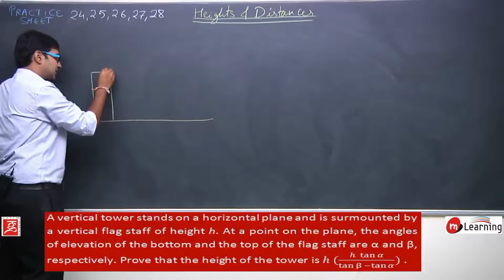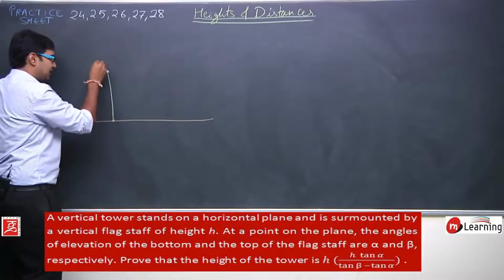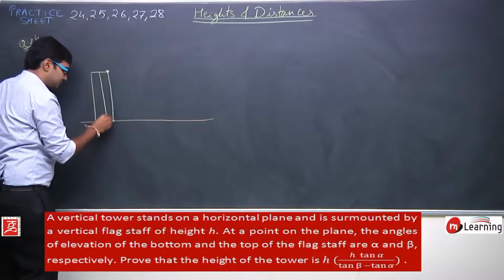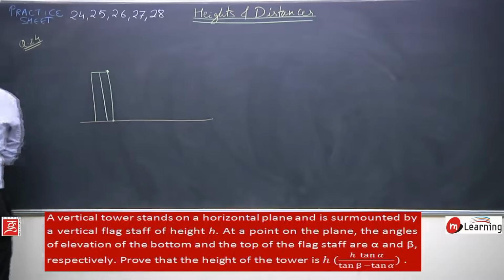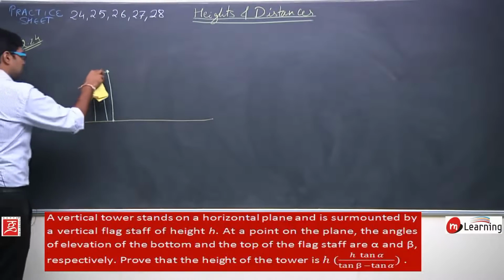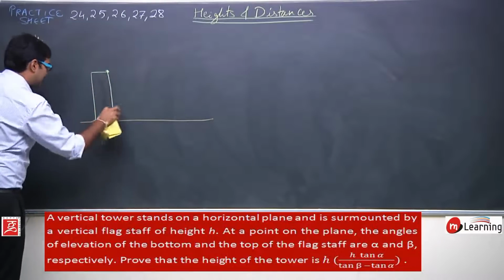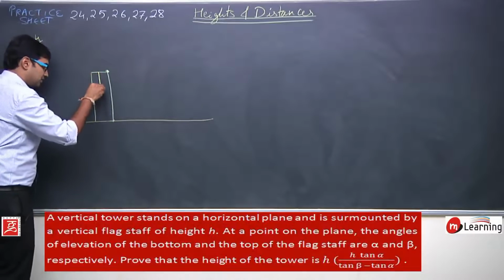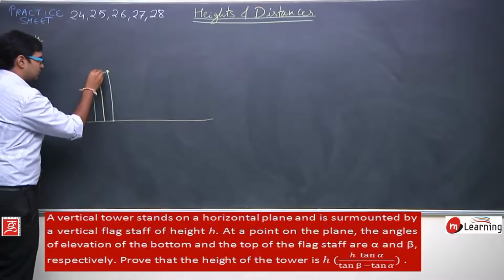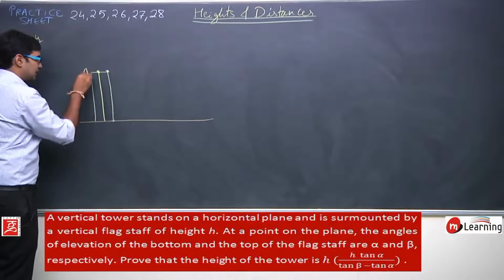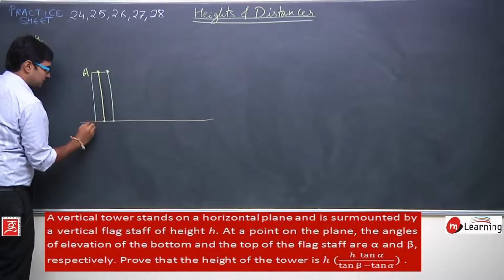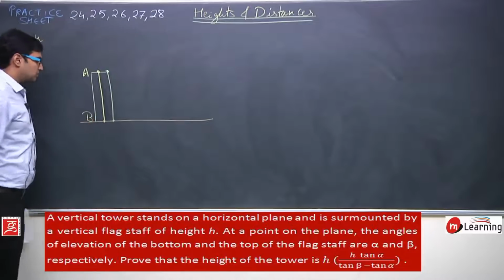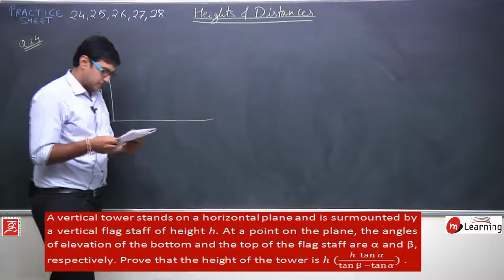I am considering the line of the tower as this line. If I want to draw the line diagram of this tower, I can consider this as the line of tower. This point is, let us say, A, and this point is B. So this is the vertical tower.